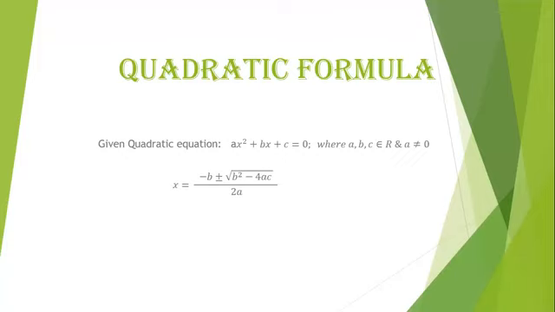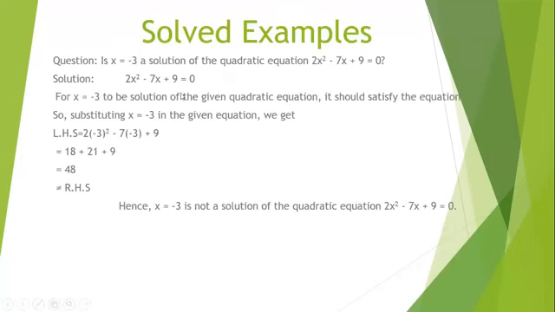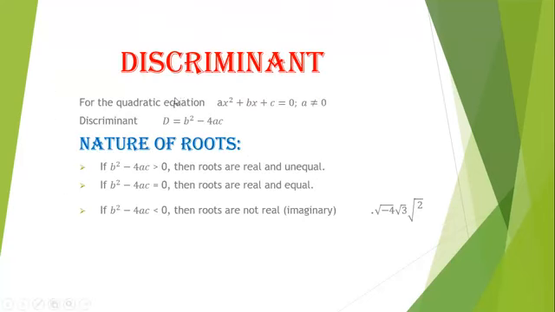But before taking an example, there is one more point to be explained. That is, we should know the nature of the roots. The part which was in the square root, b square minus 4ac, is called the discriminant. Discriminant is denoted by D, and D is equal to b square minus 4ac.